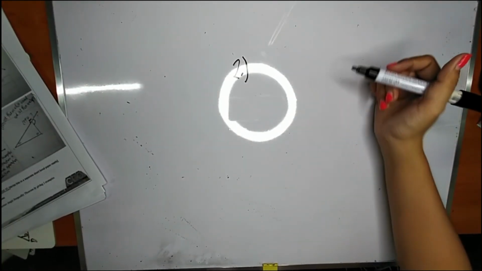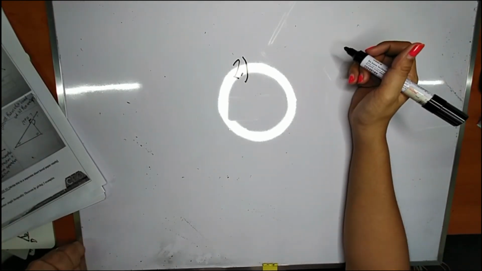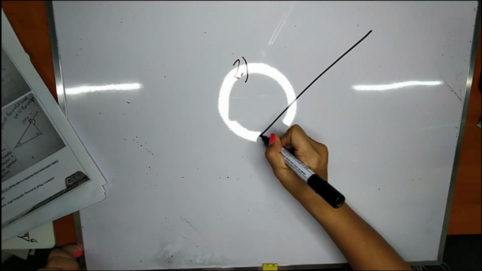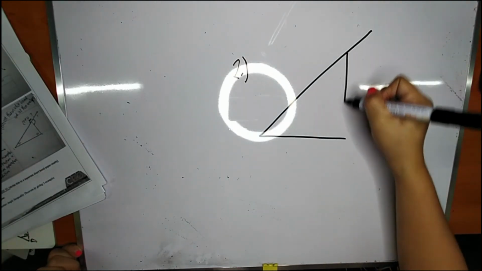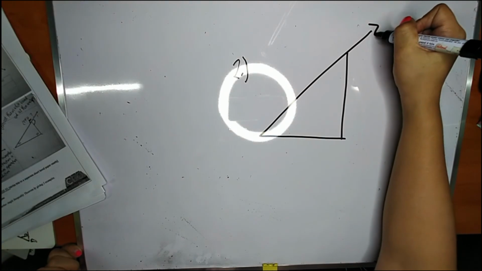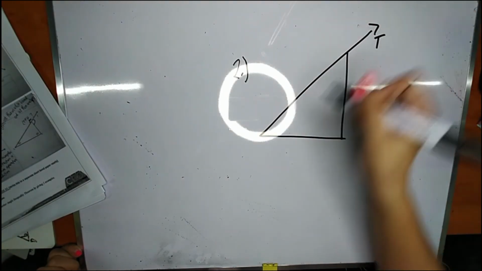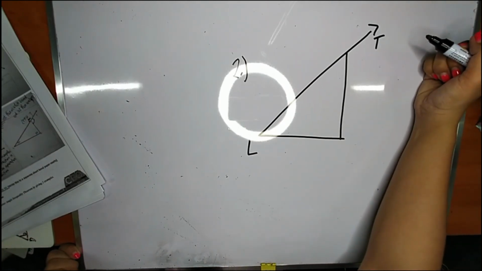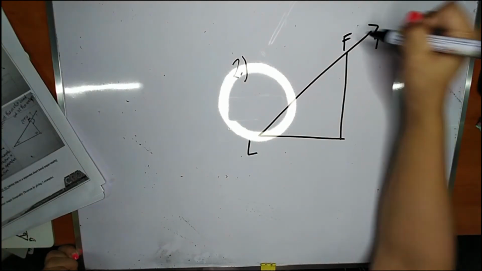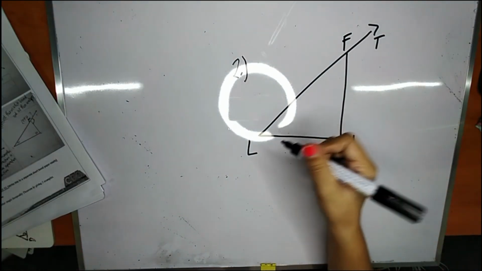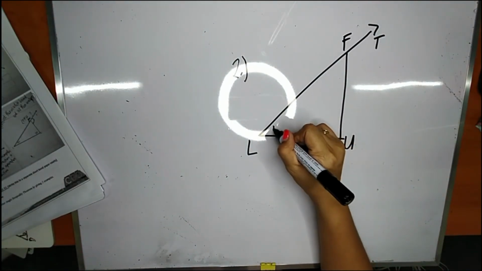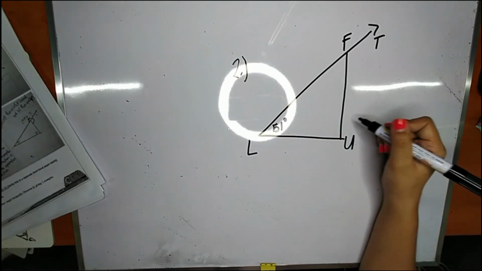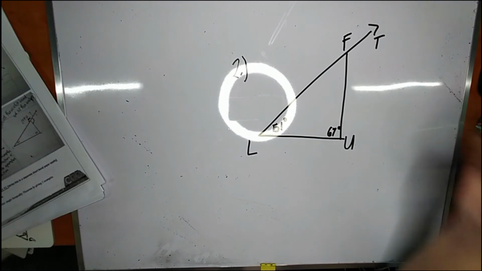So, for activity 1B, you are going to answer number 2. It has a given figure LFU. So we have there a given measurement for angle L, which is 51 degrees, and angle U, 67 degrees.